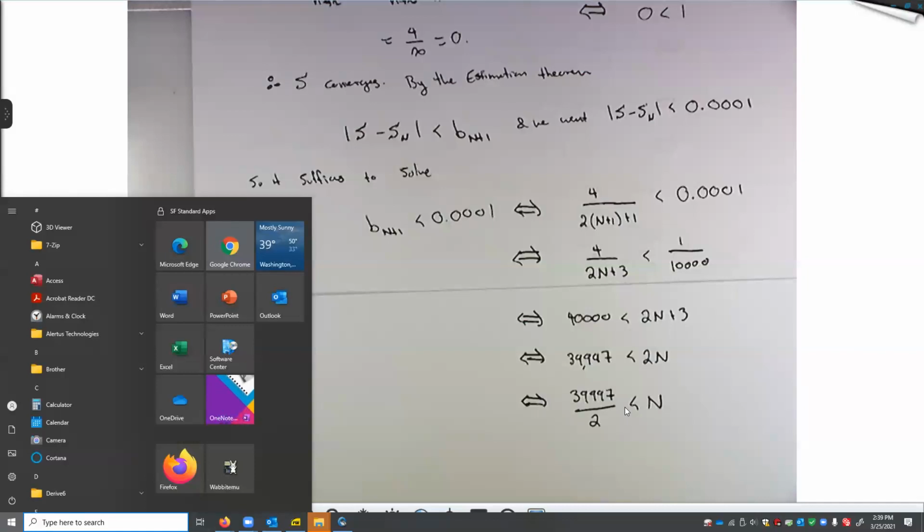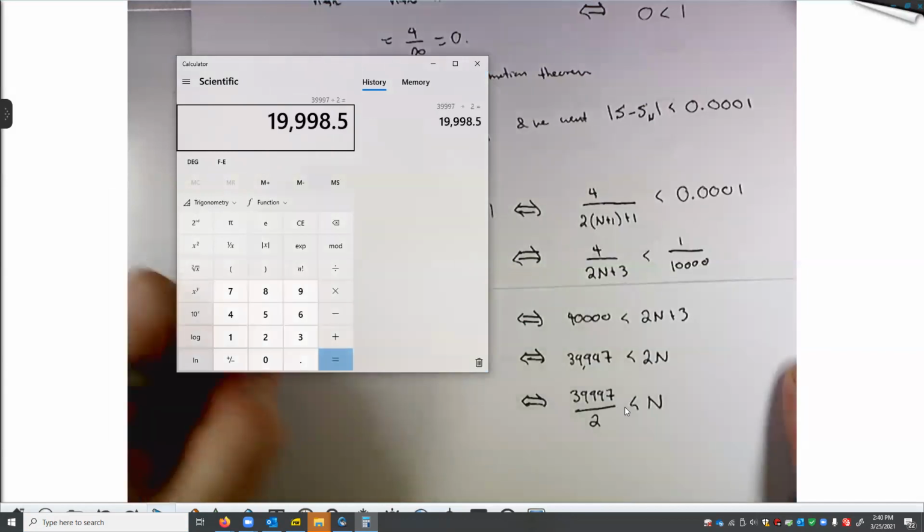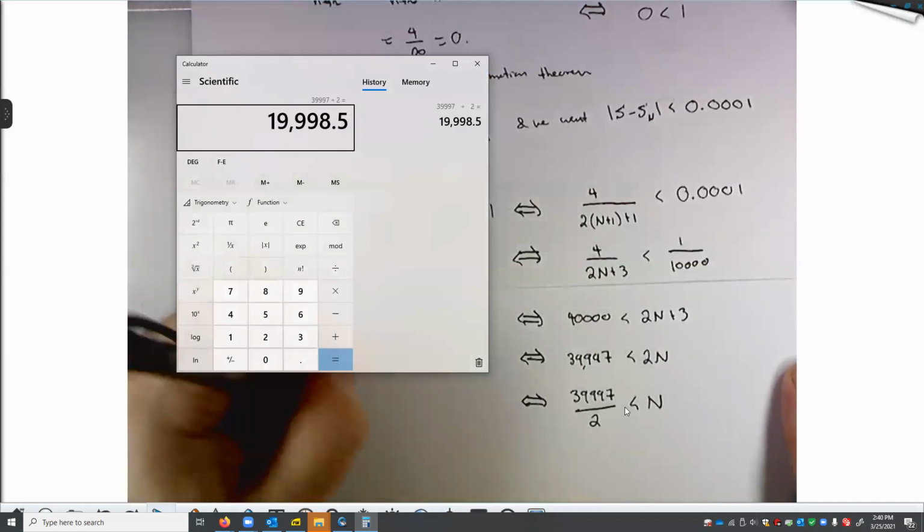It's somewhere around 20,000, but just to be careful, never hurts. 39,997 divided by 2 is 19,998.5.